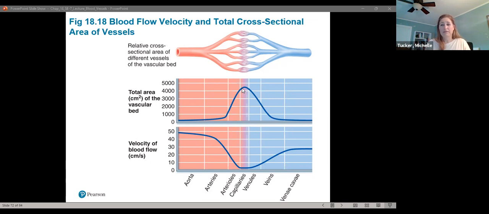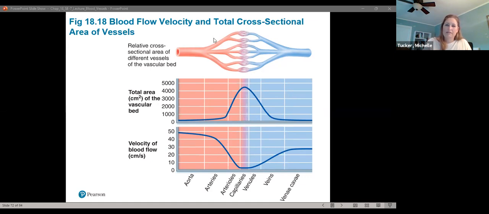And we're having to go really slow and really carefully through them. So the speed drops off. And then as the surface area decreases, the speed picks back up again, but we don't have the same pressure gradient driving it. But right now, let's just focus on area and blood flow.